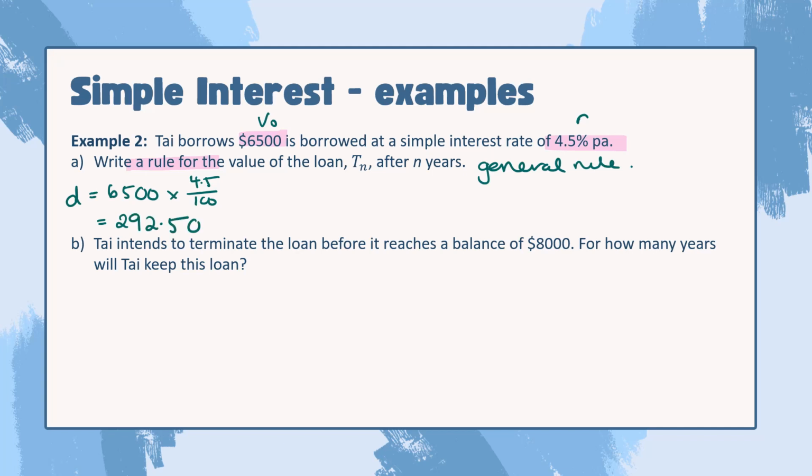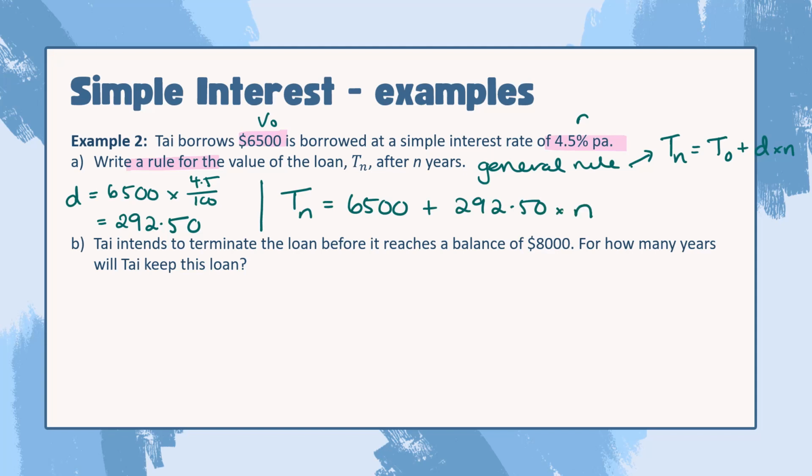Our general rule form will be Tn is equal to T0 plus D times N. So for this scenario, that means Tn is equal to 6,500 plus 292.50 times N.